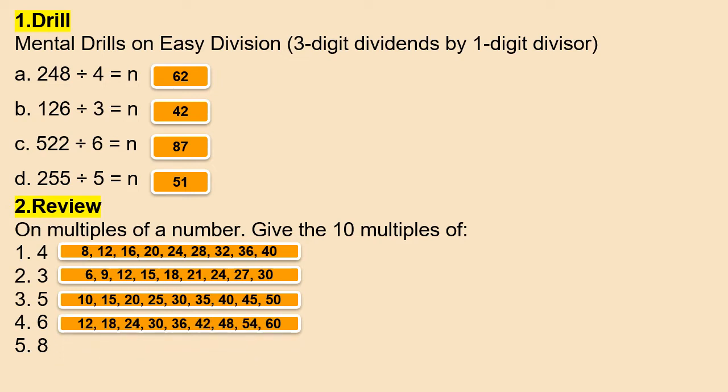What are the multiples of 6? 6, 12, 18, 24, 30, 36, 42, 48, 54, and 60. And the last, what are the multiples of 8? 8, 16, 24, 32, 40, 48, 56, 64, 72, and 80. Okay, good job.